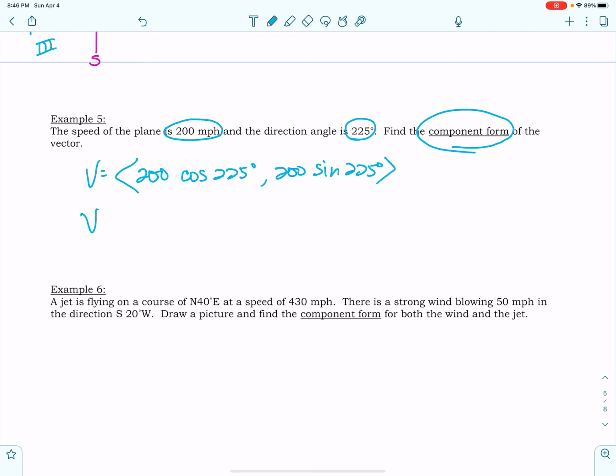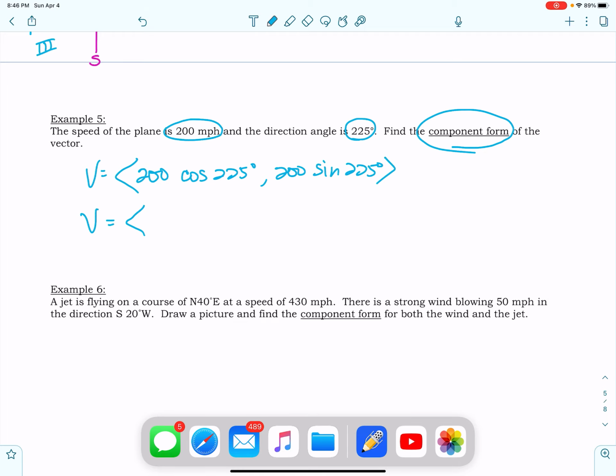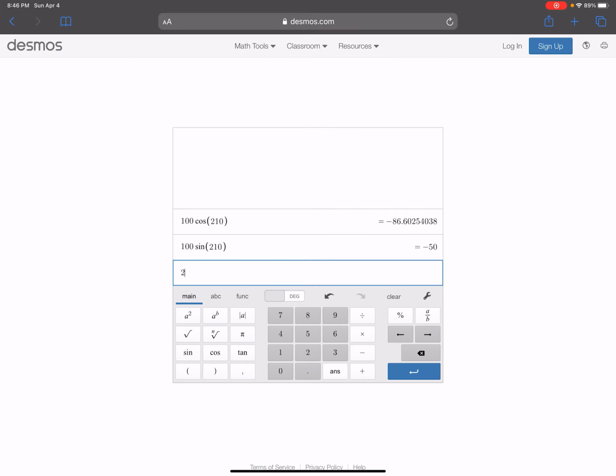That's all you have to do. Now they're not all that easy, of course. I get negative 141.4 for both of them.